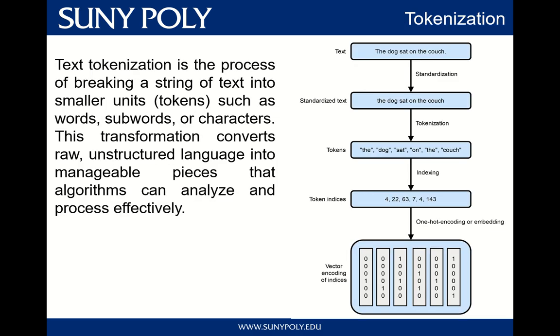If you have text, you need to tokenize your data. This is the original text, the sentence. Then we standardize: we remove some signs or punctuation. Then we tokenize. We break down the sentence into words, or even smaller units like subwords, it depends. And then we index the words.